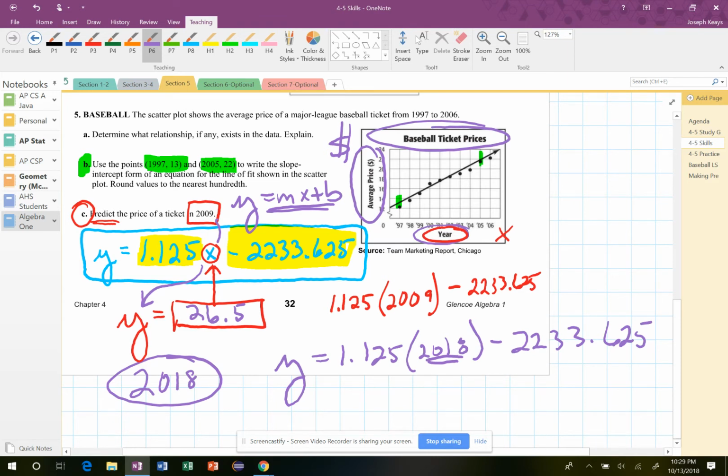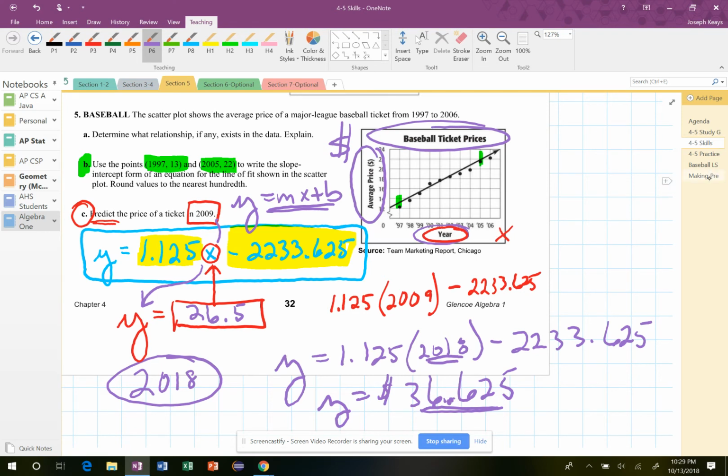So let me get my calculator out once again. 1.125 times 2018 minus 2233.625. And I'm getting a predicted baseball price of 36.625. So that is our predicted y value based upon this line of best fit.